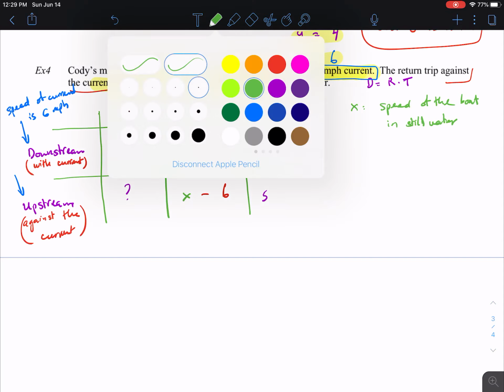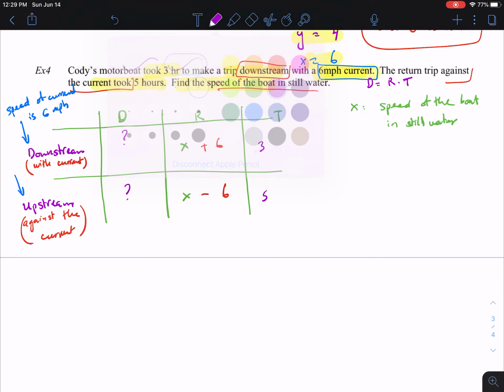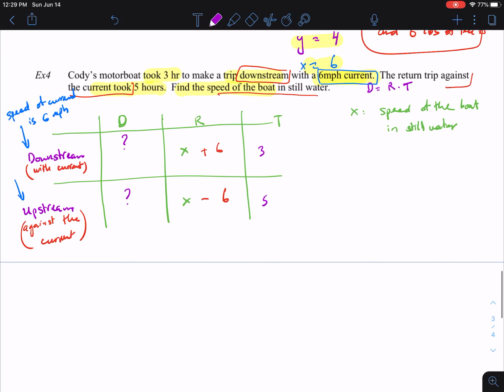So we've got this set up now. Okay. Notice that distance is still a question mark because we don't know how long the trip is, how far the trip is. But when we apply the formula, distance equals rate times time, we have the downstream trip is going to be d equals x plus 6 times 3. And then the upstream trip is x minus 6 times 5.